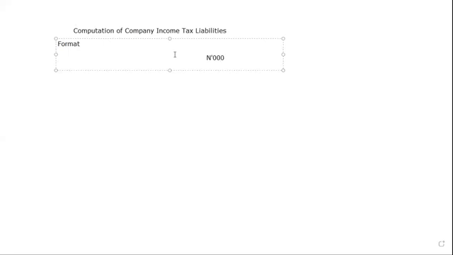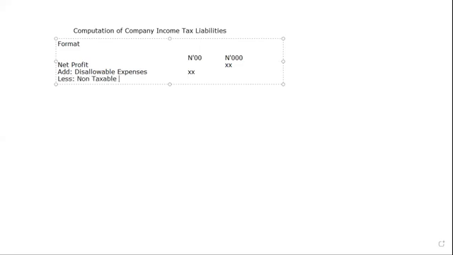So we have net profit, add disallowable expenses, less non-taxable income.